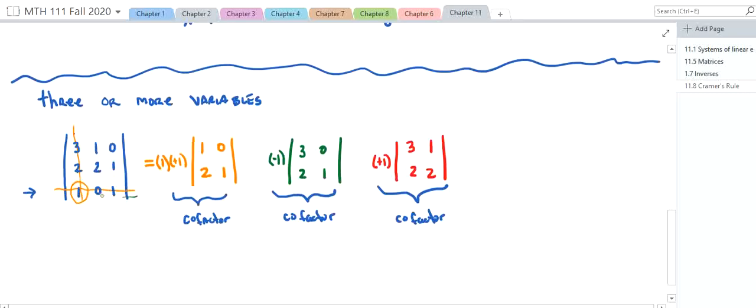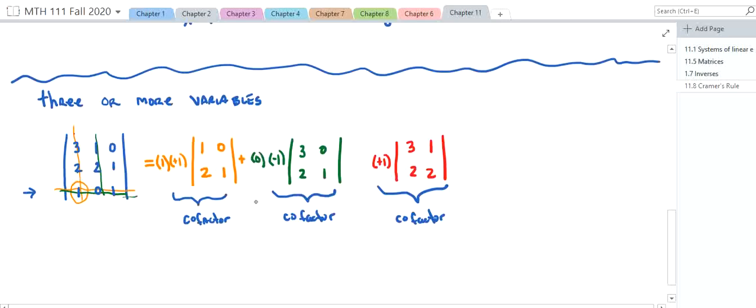Now you can see why I chose this row, because I'll add this then to, now when I did this one, and I have 3, 2, 0, 1 as my minor, I'm going to multiply this by this element, which is going to be 0.